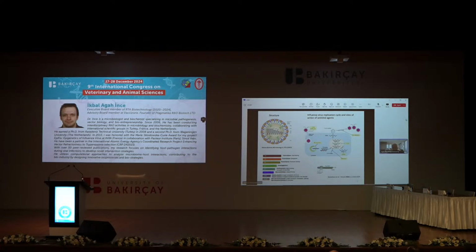What we do in such systems, here you can see a cellular model. This cell can be lung cells, targeting bronchial cells, or pancreatic cells.